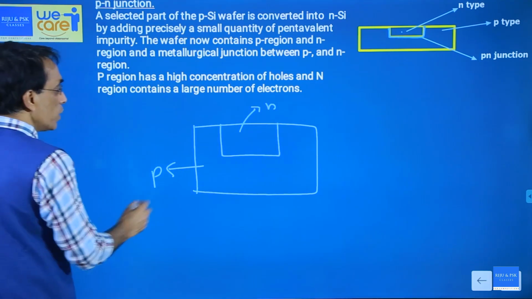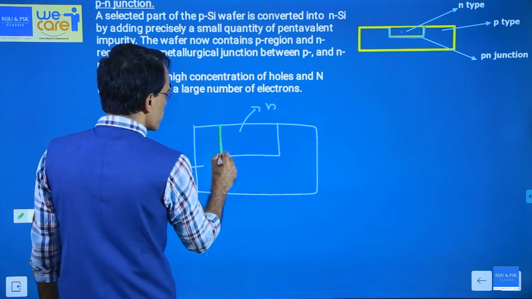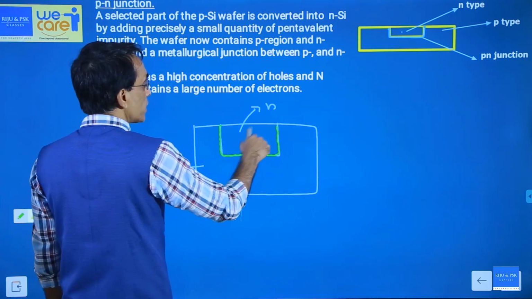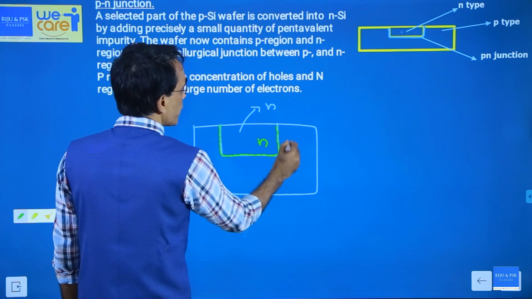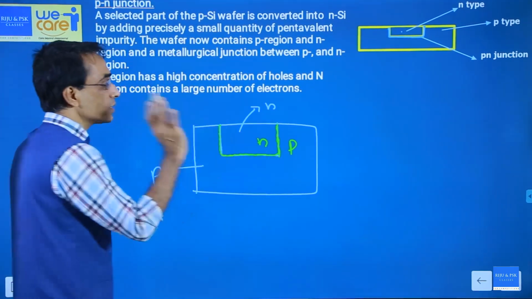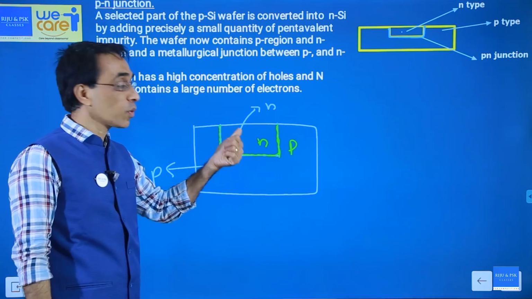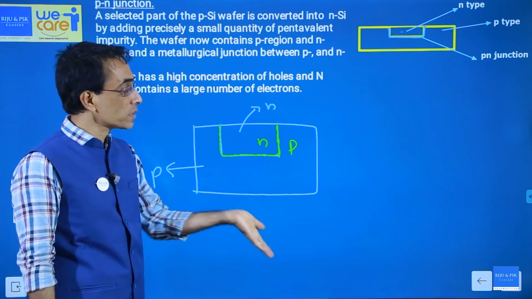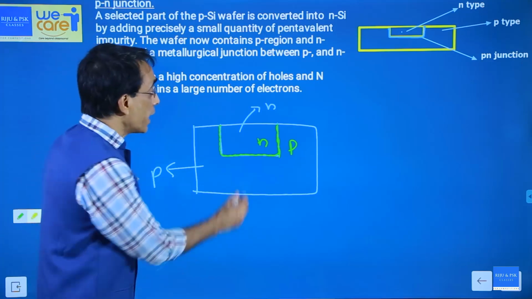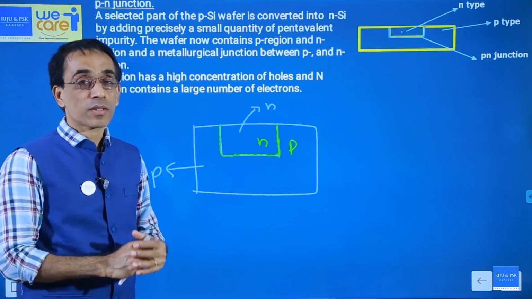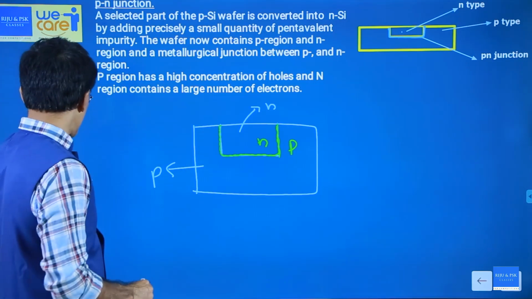So there is a junction formed here. This junction has n on one side, p on the other side, so this becomes a p-n junction. N has more electrons, electrons are majority carriers; p has holes, holes are majority carriers. N has a minority carrier, holes, and p has minority electrons. This is how a p-n junction is formed.